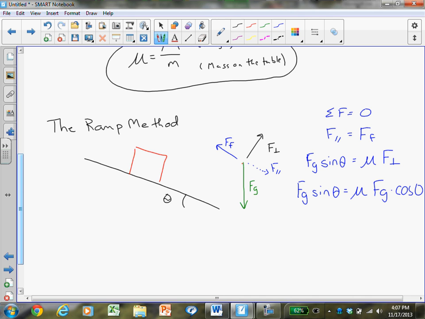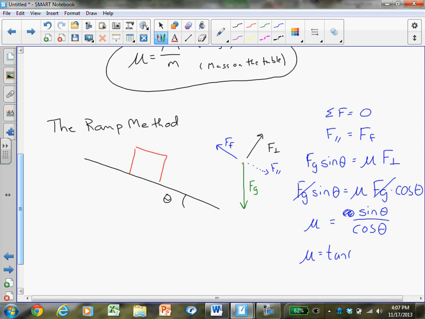So the Fg's cancel, and if you divide the sine theta over the cosine theta, mu is sine theta over cosine theta. Because sine is opposite over hypotenuse and cosine is adjacent over hypotenuse, the hypotenuses cancel, and you get opposite over adjacent, which is tangent. So mu is actually tangent theta.